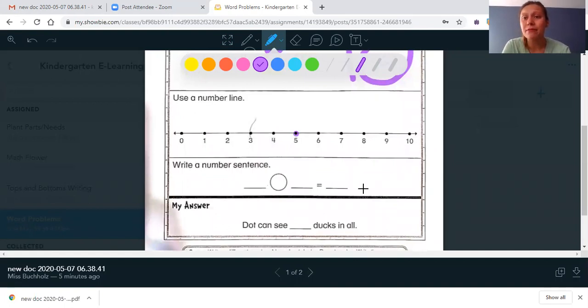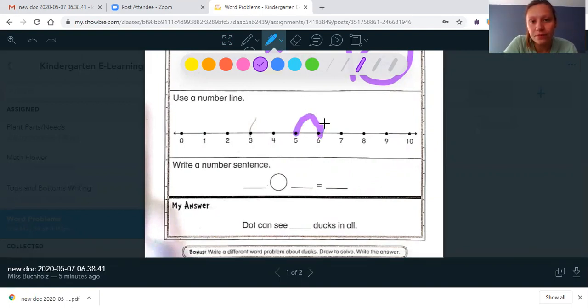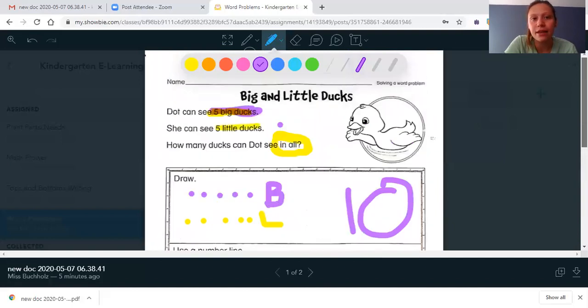Now, if I'm adding on, am I going to go this way? Or am I going to go this way? Am I going to go to bigger numbers or smaller numbers? Yep, bigger. And I'm going to make hops. So watch how I hop. 1, 2, 3, 4. How many hops did I need to make?